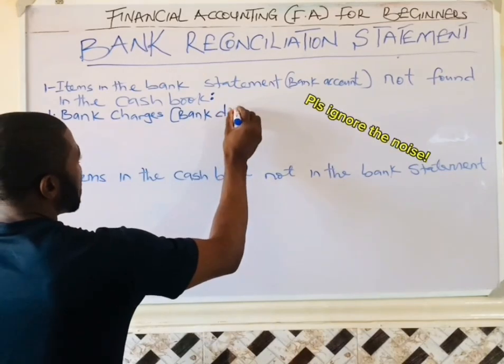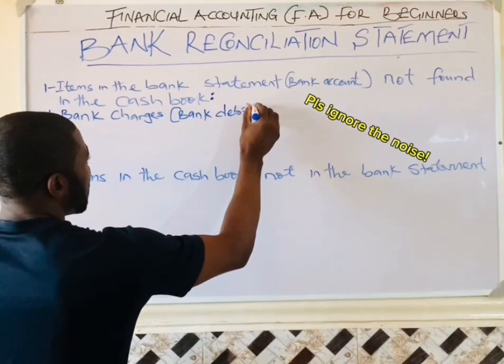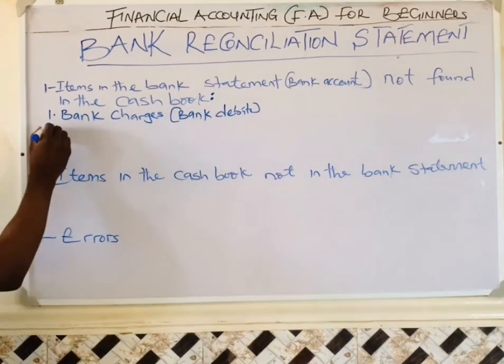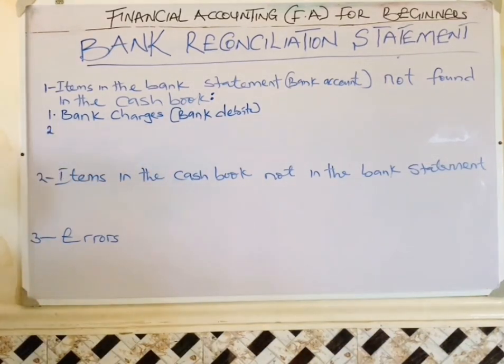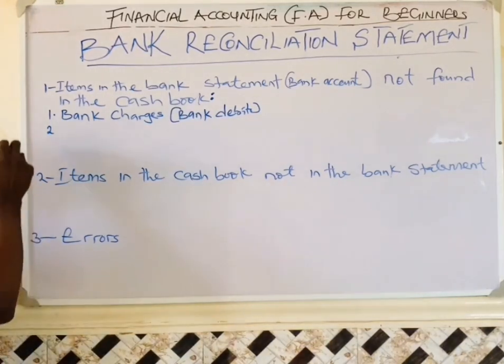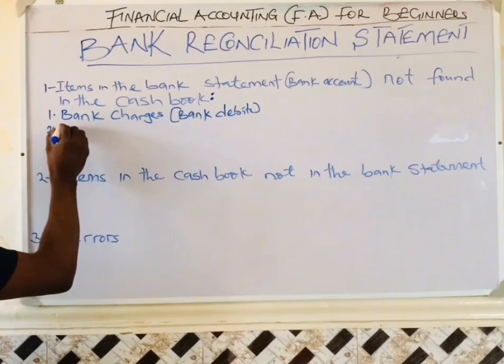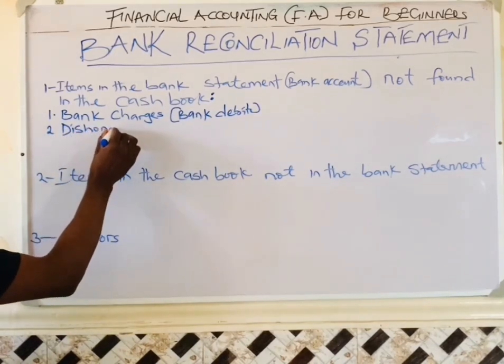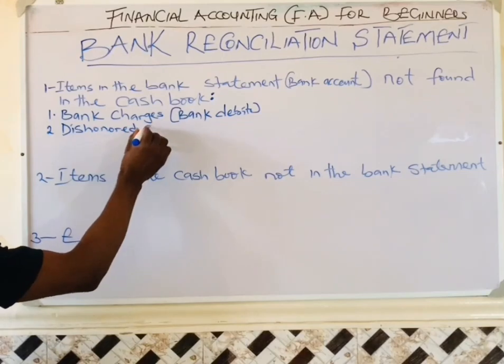debits. Bank debits. Yes. The second item that might be in the bank statement and not in the cash book is dishonored check.